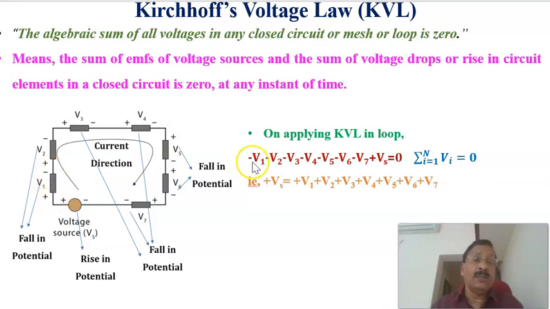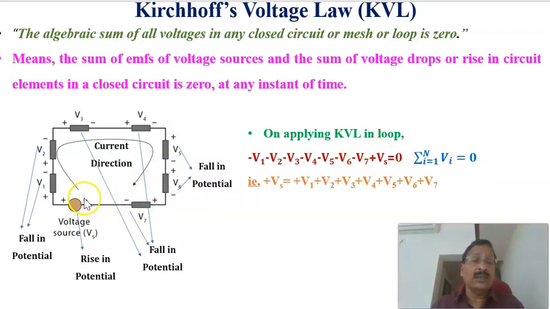Since it is a voltage drop, we are taking minus V1. Again here it is minus V2, then minus V3, then minus V4, then minus V5, then minus V6, then minus V7.